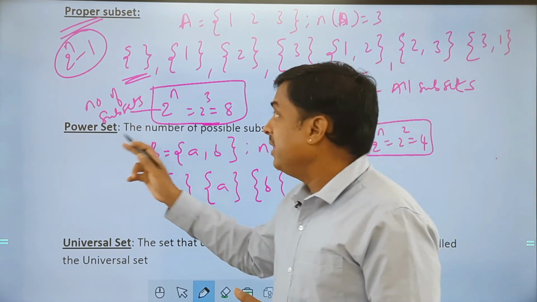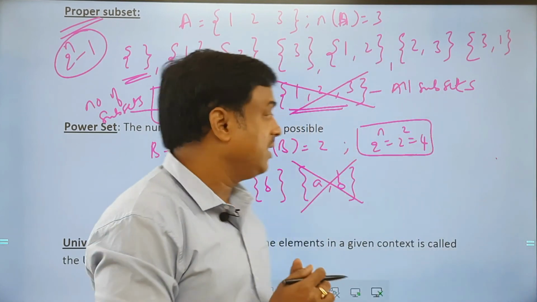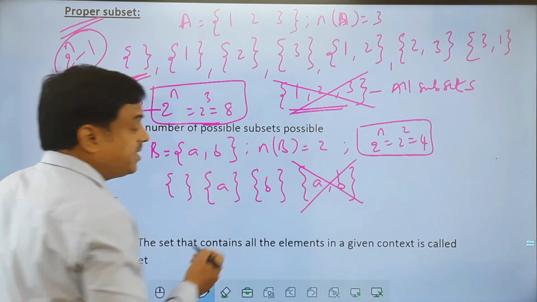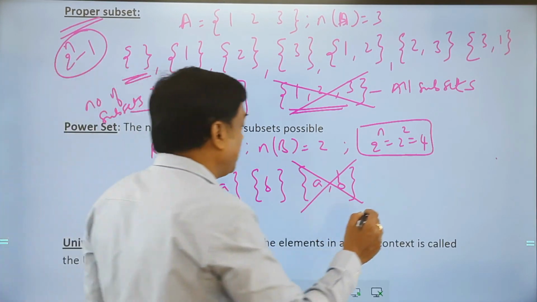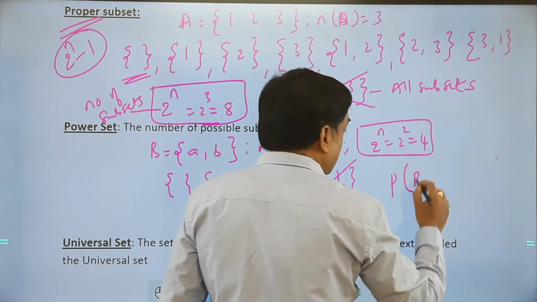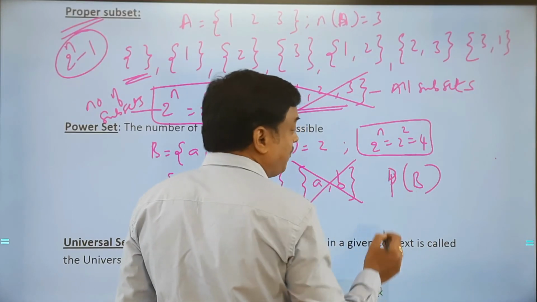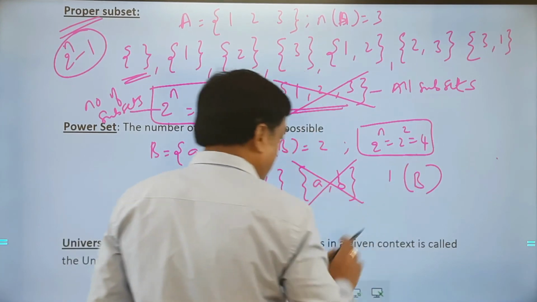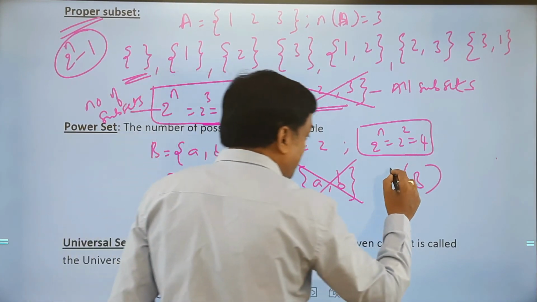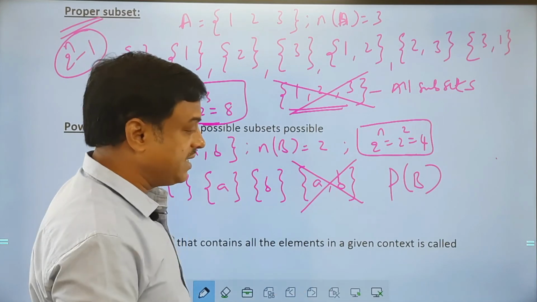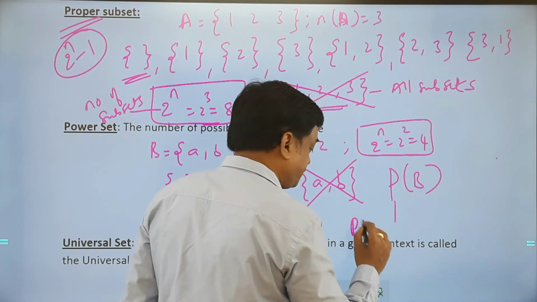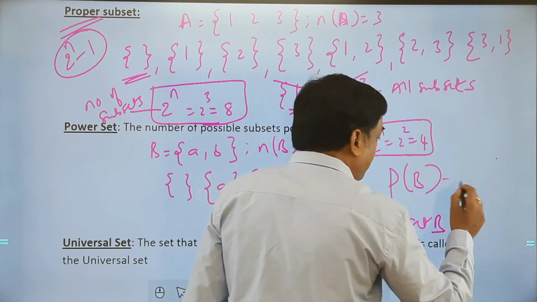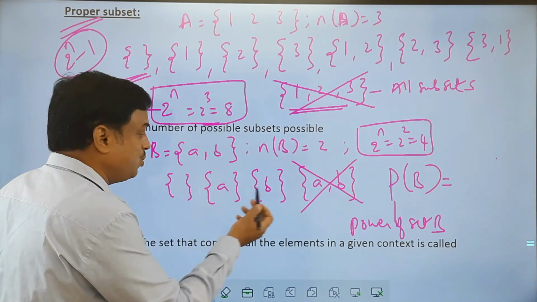Okay. Now the power of a set. How do we define the power of a set? How many subsets does B have here, friends? 4. That is called the power of a set. So P of B means the power of set B. And how many subsets did we get here? 1, 2, 3, 4.